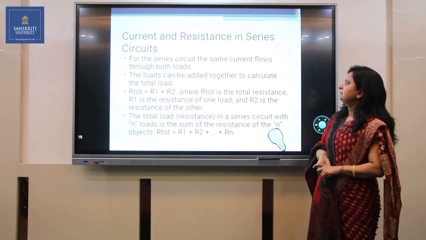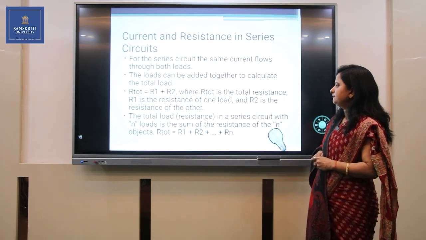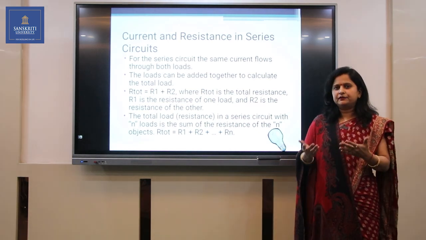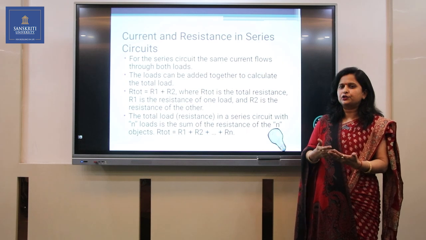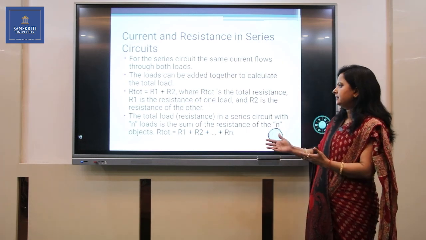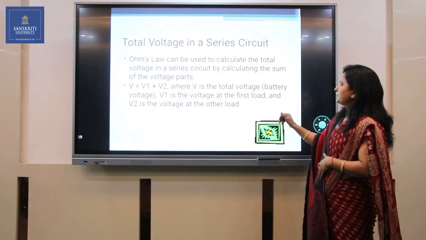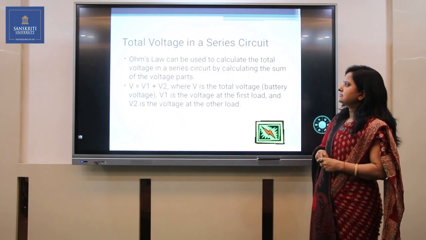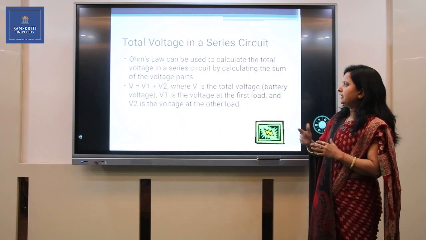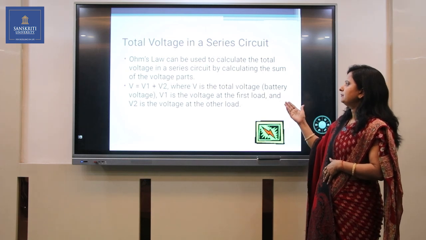Similarly, for current and resistance in a series circuit, we have R equivalent equal to R1 plus R2 plus R3 and so on, and the current will be the same in all the resistances. The total voltage in a series circuit, as per Ohm's law, is V equals V1 plus V2.